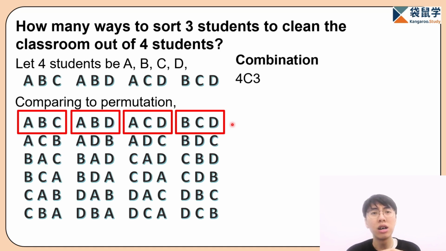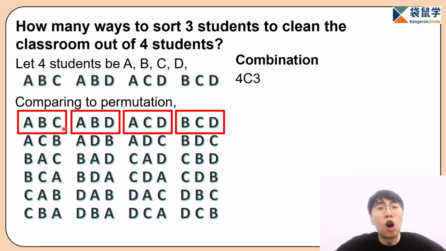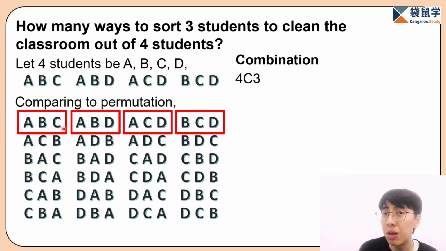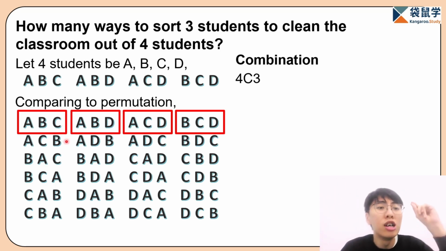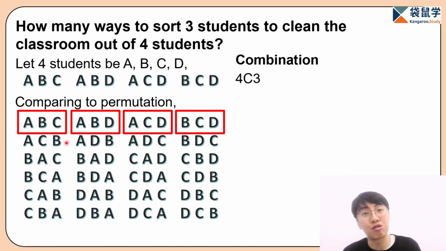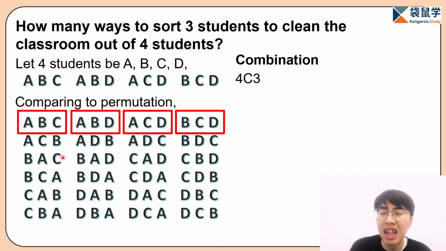Now we think, A, B, C, if I select these 3 students, does it matter the order in which I select them? If I select ACB, is it still the same 3 students cleaning up the classroom? The answer is, of course, yes. Similarly, if I select BAC in order, it still doesn't change anything. It's still the same 3 students cleaning up the classroom.